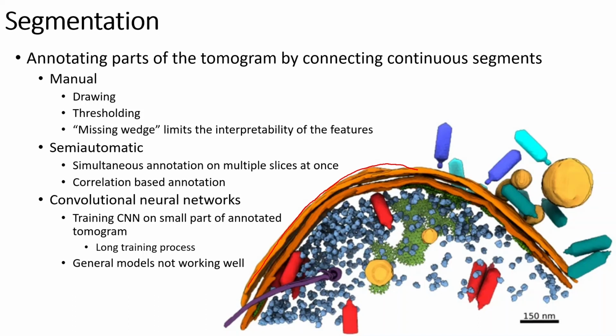Every single model works usually only for the tomogram on which it was trained. So for other tomograms, you have to retrain the model with, again, a manually annotated part of the tomogram.